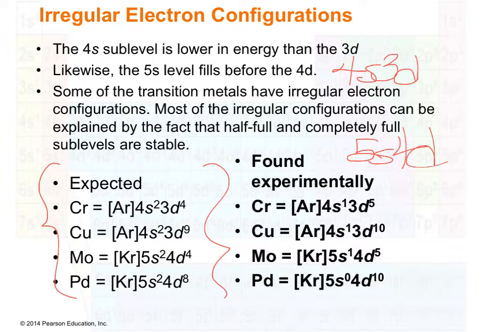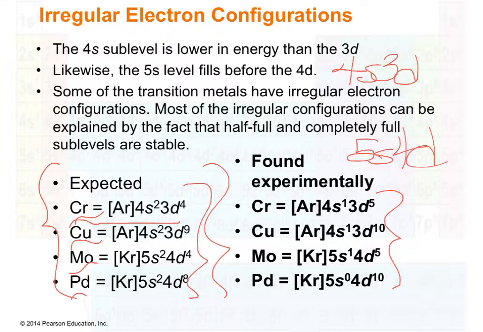So look at the bottom of the page here, and if I had asked you, for example, to write out the electron configuration of any of these four, chromium, copper, molybdenum, or palladium, this is probably what you would have drawn. Take a look, however, at their actual electron configurations on the right. What has changed in all of them?